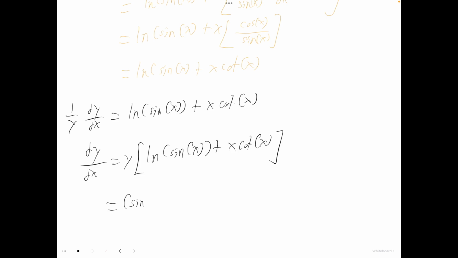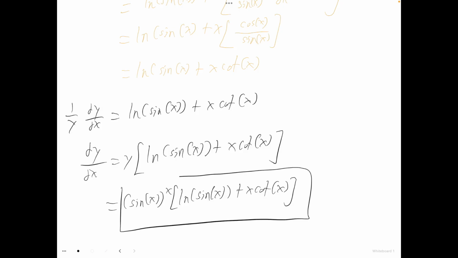So this is sine of x to the x times ln of sine of x plus x cotangent of x. And so that is then the derivative of sine of x to the x. And so we were able to compute a derivative that we otherwise would not have been able to compute using logarithmic differentiation.